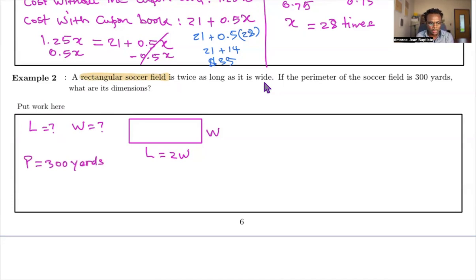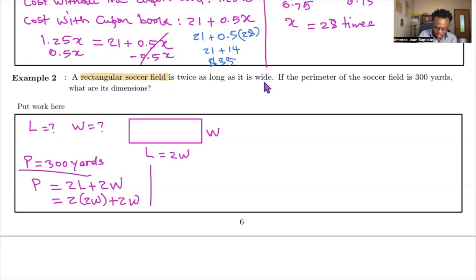So we can talk about how to find the perimeter of a rectangle. That's 2 times the length plus 2 times the width, because you add all the sides together to get the perimeter. And we know that L is 2 times W, so P equals 2 times 2W plus 2W.